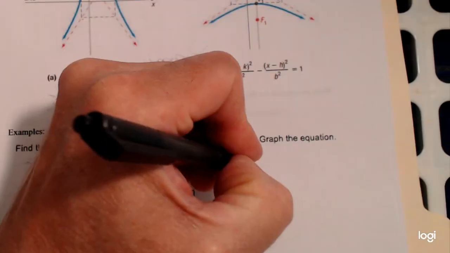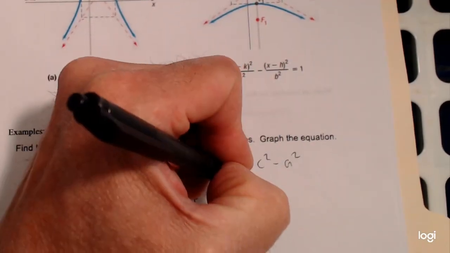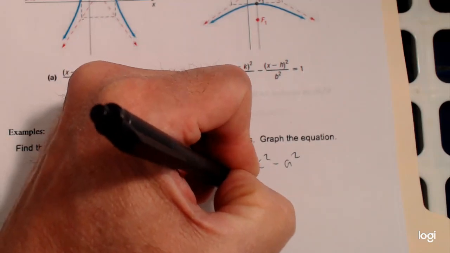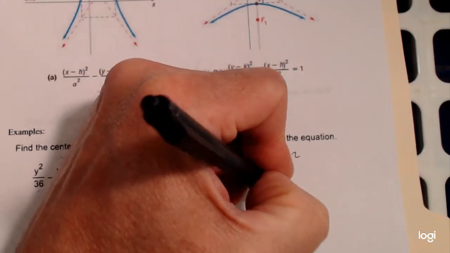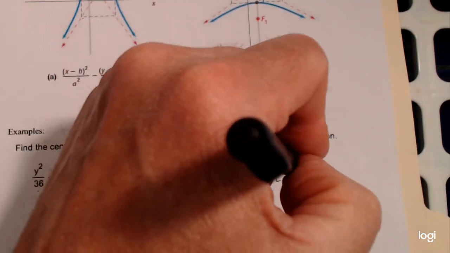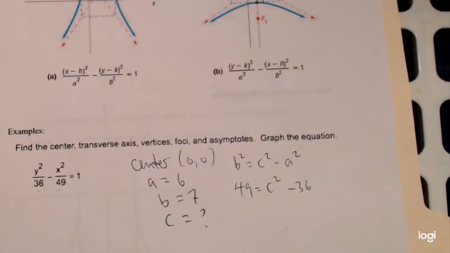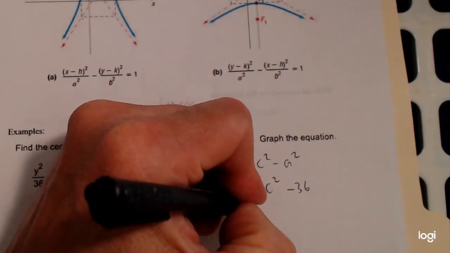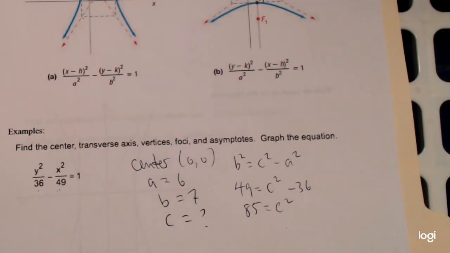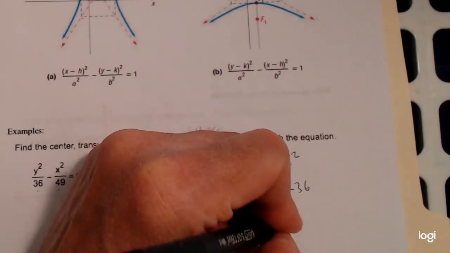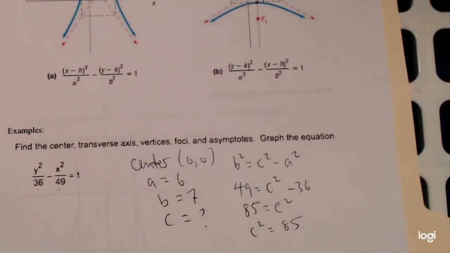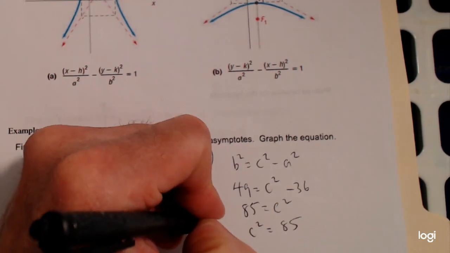So B squared is 49, we don't know what C squared is, and we do know that A squared is 36. So we do 49 plus 36, that equals 85. And so C squared equals 85.